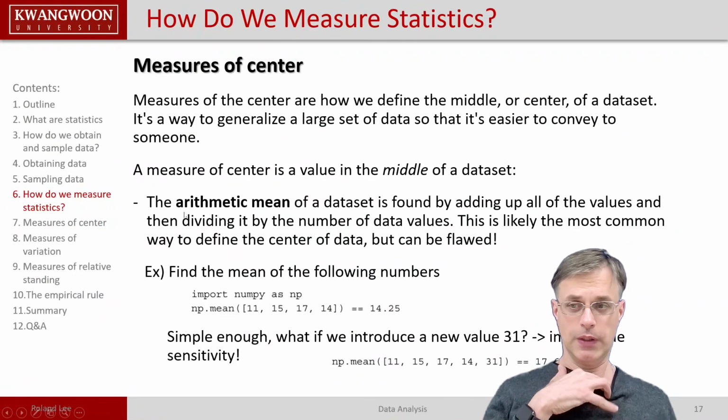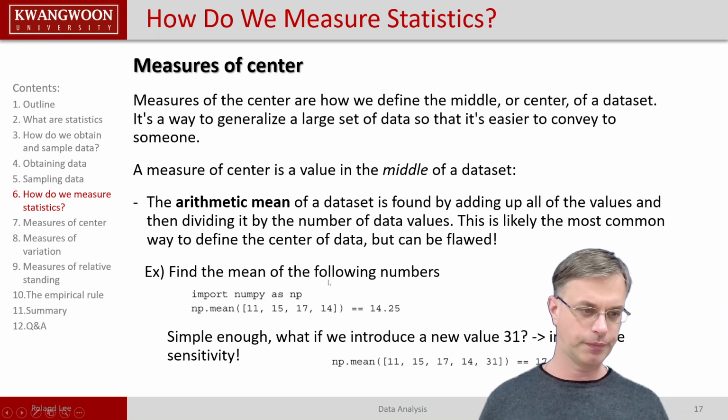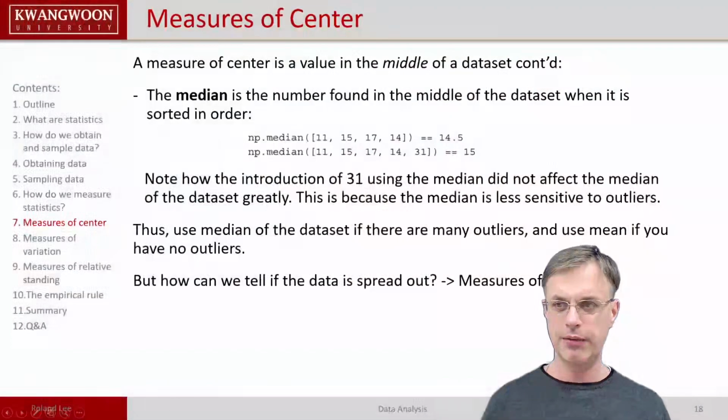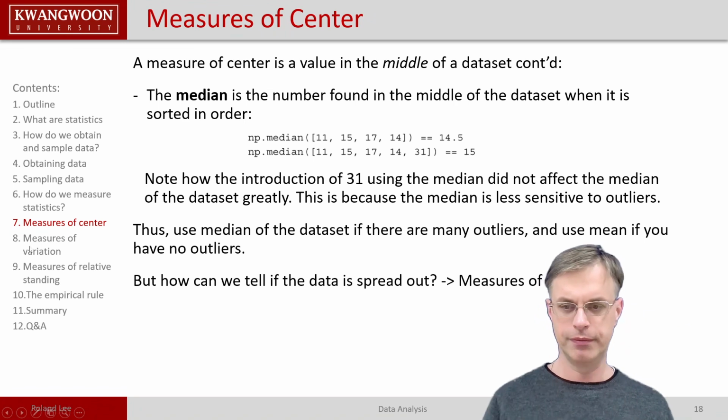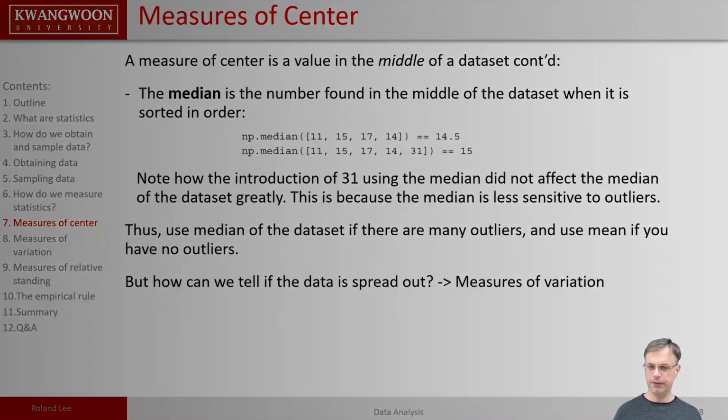Statistics measures. Okay, measures of center. So we got the arithmetic mean of a data set, right? Here we also introduced how to do it as a program. We also got the median, and what we got is the median is less sensitive to the outliers.